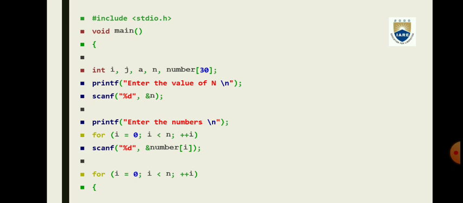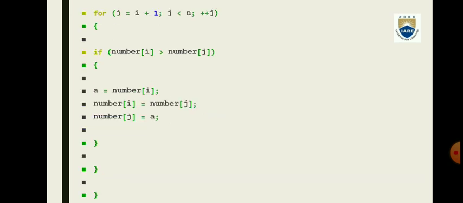Next for loop, i is equals to 0, i is less than n, and increment of i. Next open curly bracket. For j is equals to i plus 1, j is less than n, and increment of j.